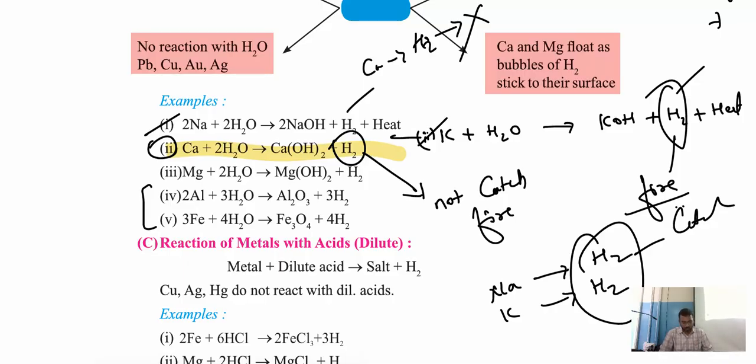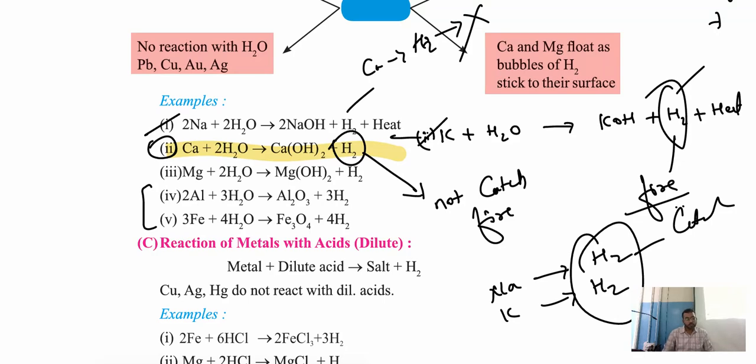Because the heat liberated is not sufficient to catch fire. वो हीट के अंदर इतना स्ट्रेंथ नहीं है कि वो फायर बन सके, in terms of calcium. Understood? Is the concept clear?